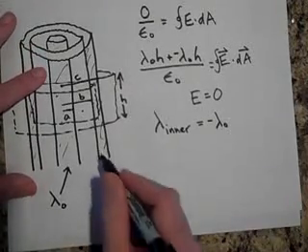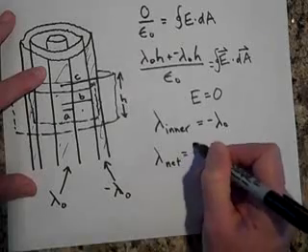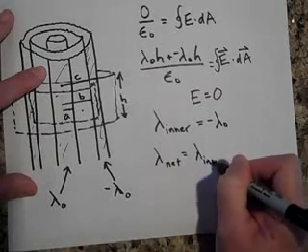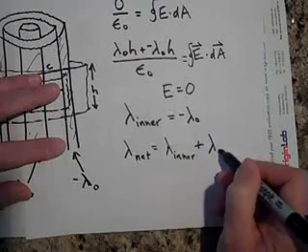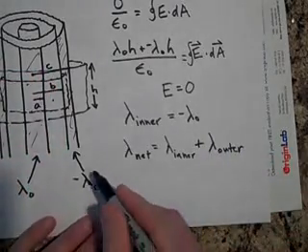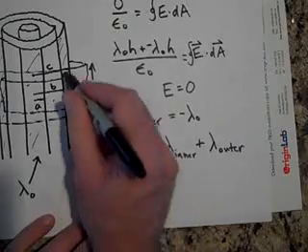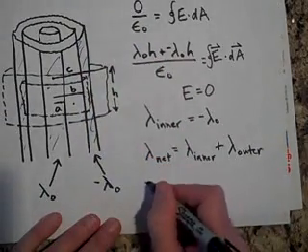So how do you get a net lambda? Net lambda equals lambda inner plus lambda outer. And so we're told that the net charge on this whole thing is negative lambda naught.